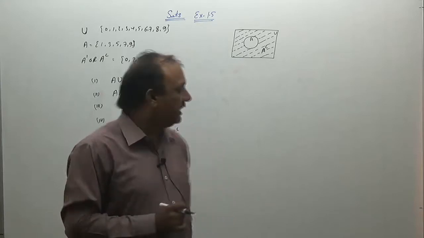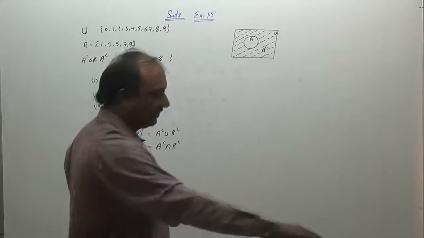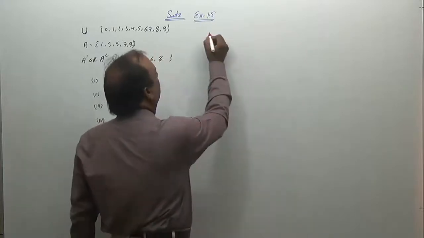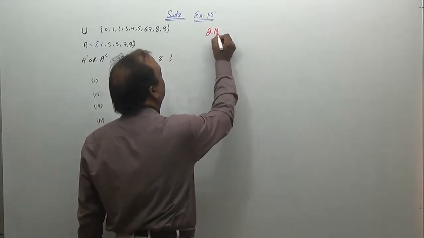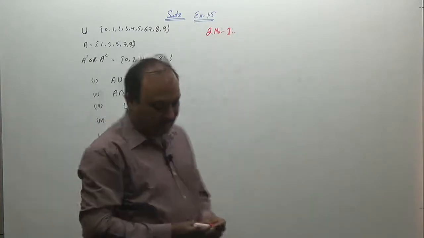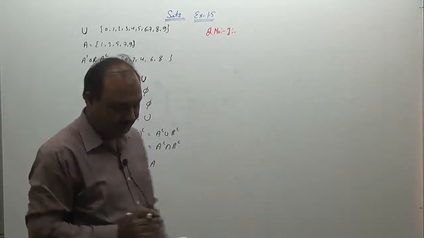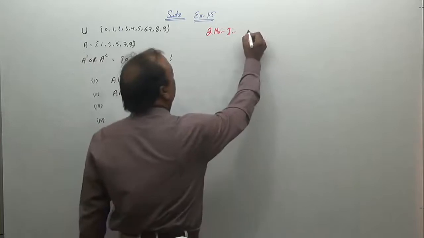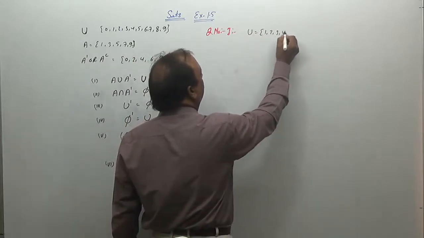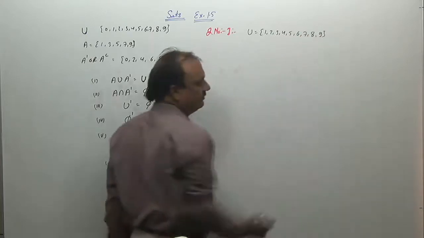So question number 1 of this textbook is: there is a universal set U given, with elements 1, 2, 3, 4, 5, 6, 7, 8 and 9.